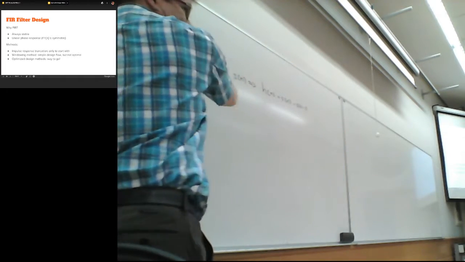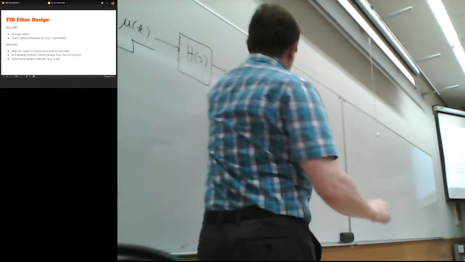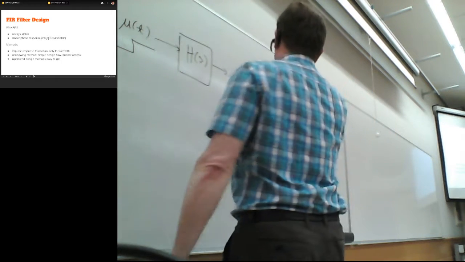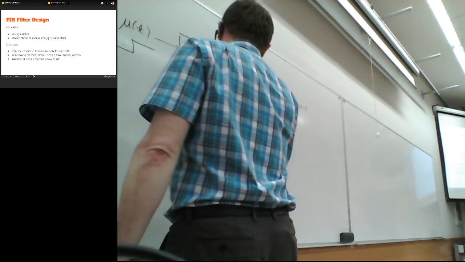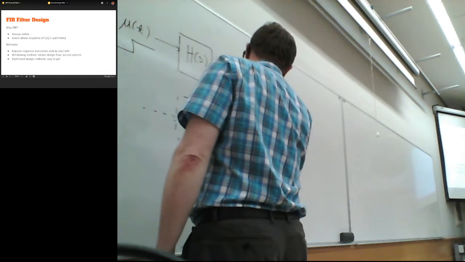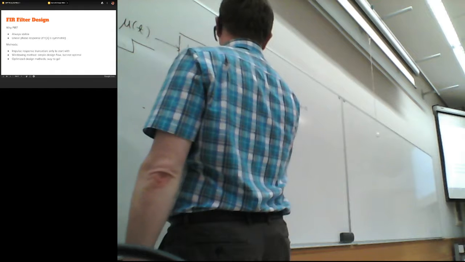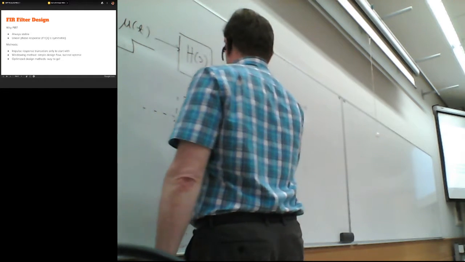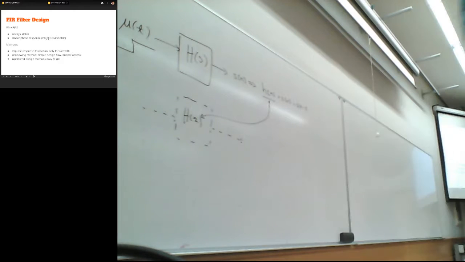You can simulate the system. So you have a copy of the system here. So instead of that one, you can make a rough estimate of this system by putting here the h of z based on the impulse response you measured.